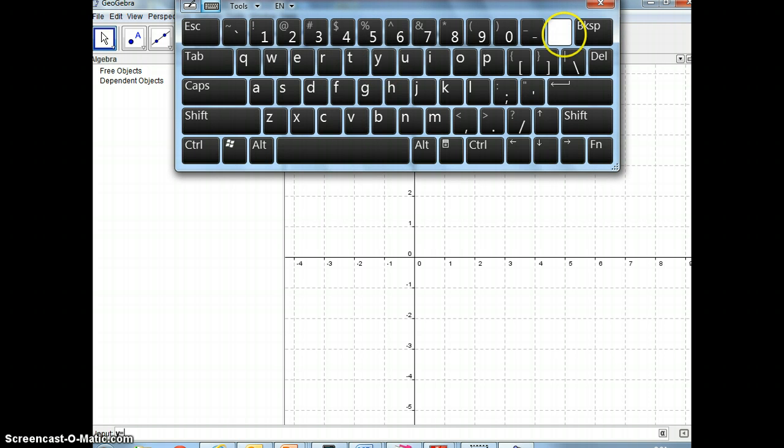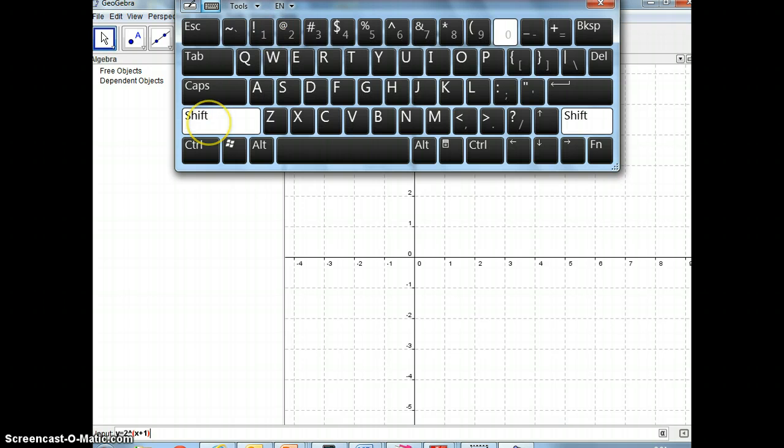y equals 2 to the power x plus 1, and we'll go brackets x plus 1 close bracket.